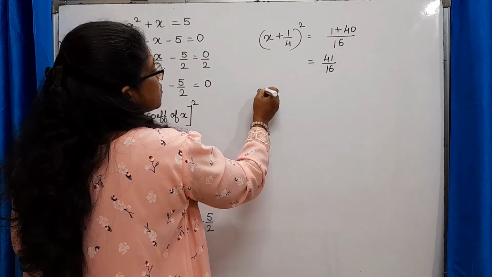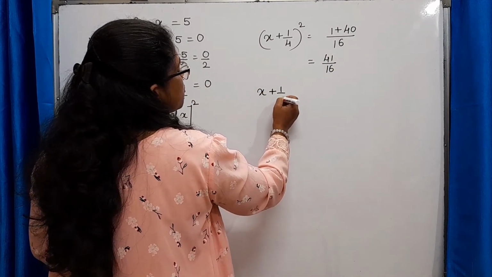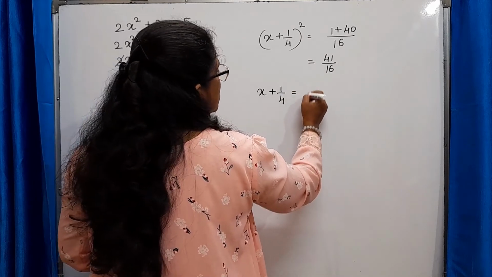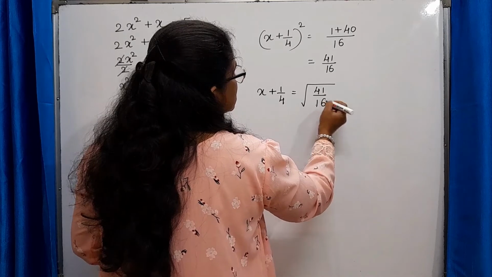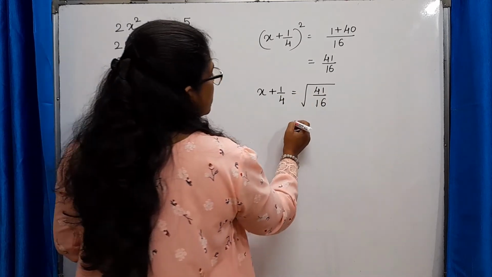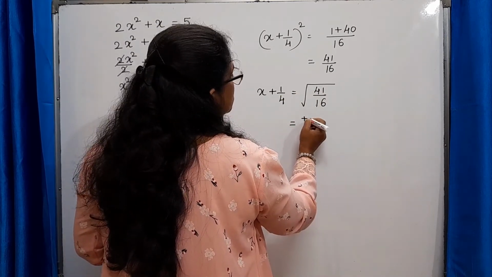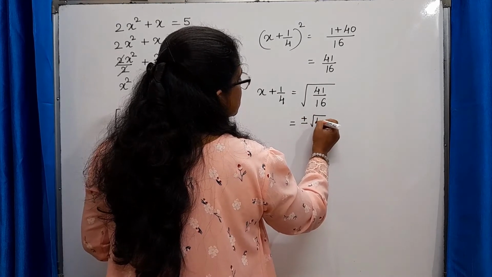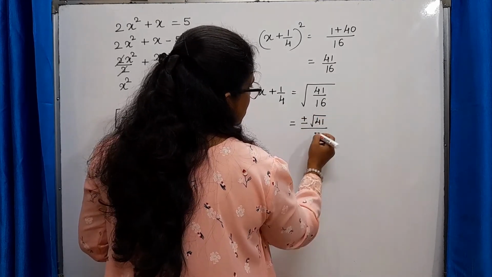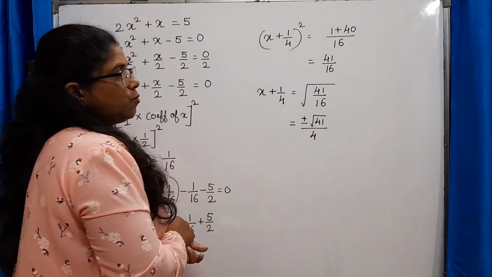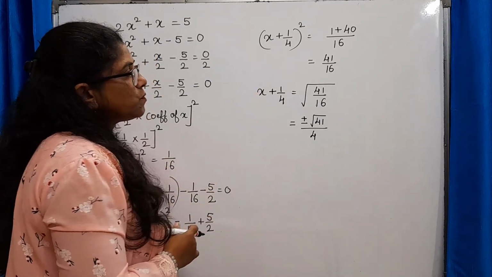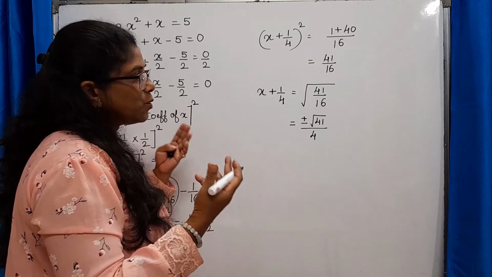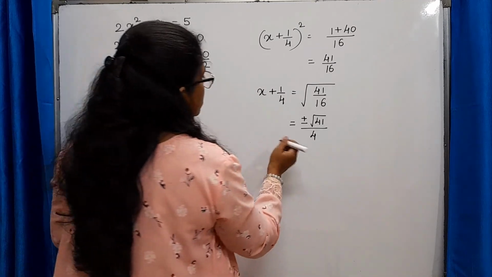Fine. So x plus 1 upon 4 is equal to square root of 41 upon 16, which is equal to plus or minus root 41 upon 4. 41 is not a perfect square, so it will remain under the root sign. Square root of 16 is 4, so we can write it as 4.